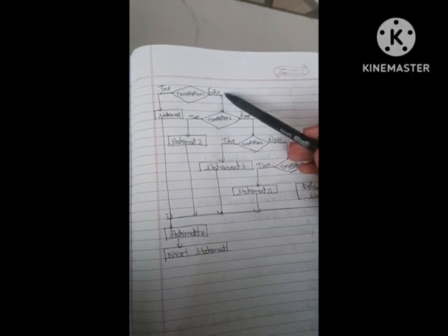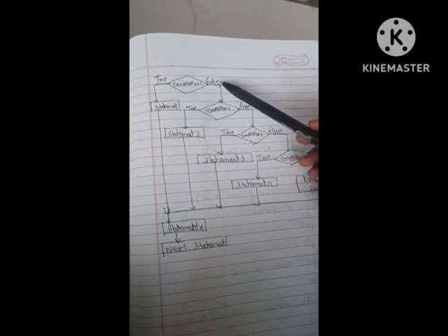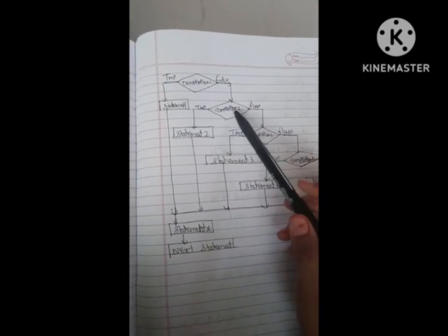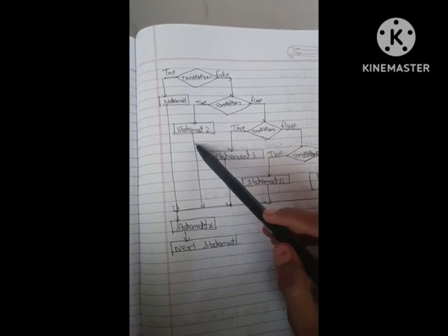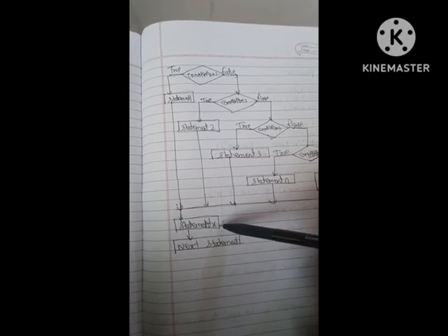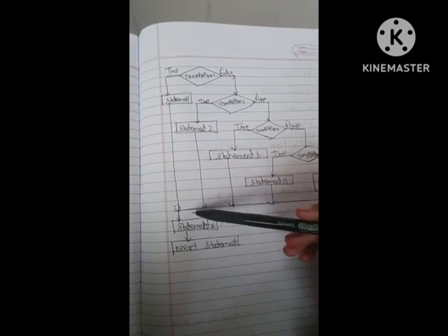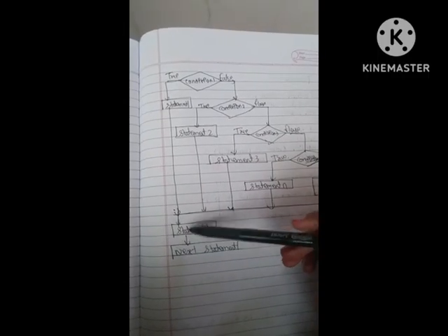If the first condition is false, then it goes to the second condition. If it is true, then it goes to statement 2 and directly goes out of the block of if-else statements.